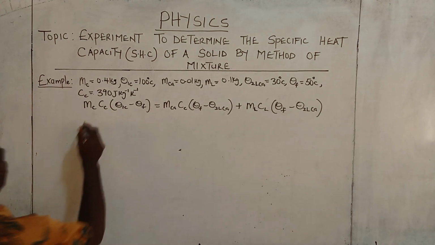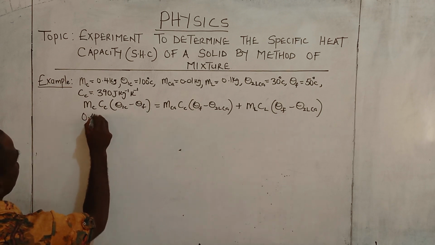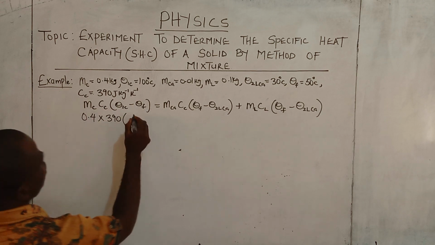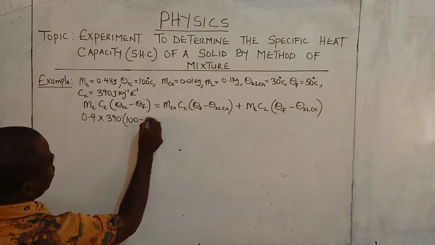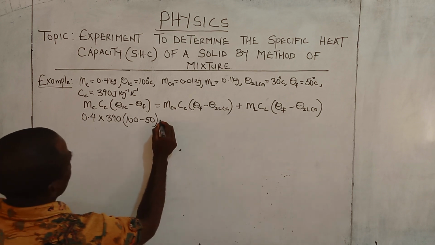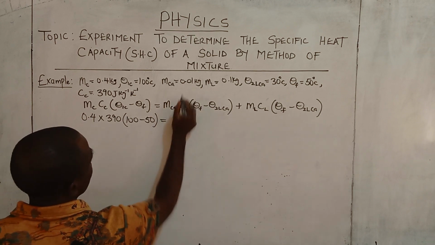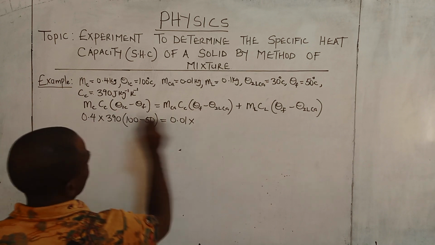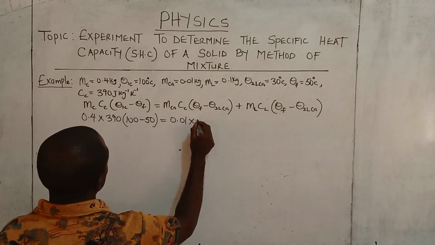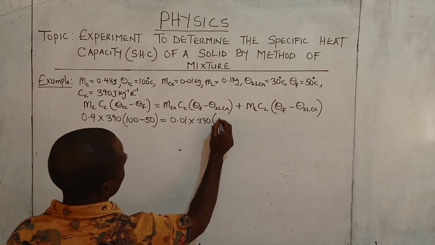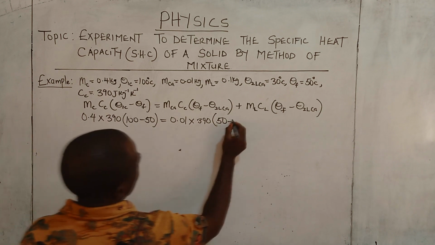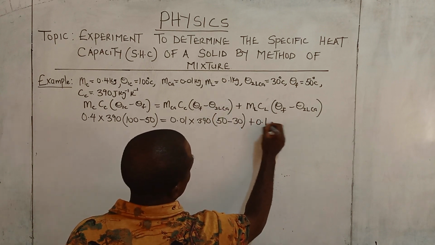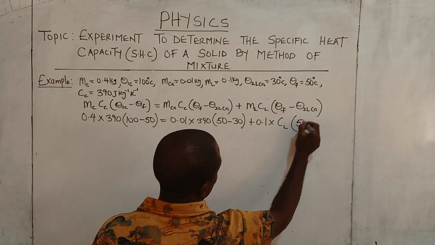Let's start the substitution. The mass of the copper is 0.4 multiplied by specific heat capacity of the copper, 390, times theta 1 minus theta F, 100 minus 50, equals mass of the calorimeter, 0.01, times specific heat capacity of the copper that was used for the calorimeter, which is 390 since they are made of the same material, times 50 minus 30, plus mass of the liquid, 0.1, times CL, that's what we are looking for, times 50 minus 30.